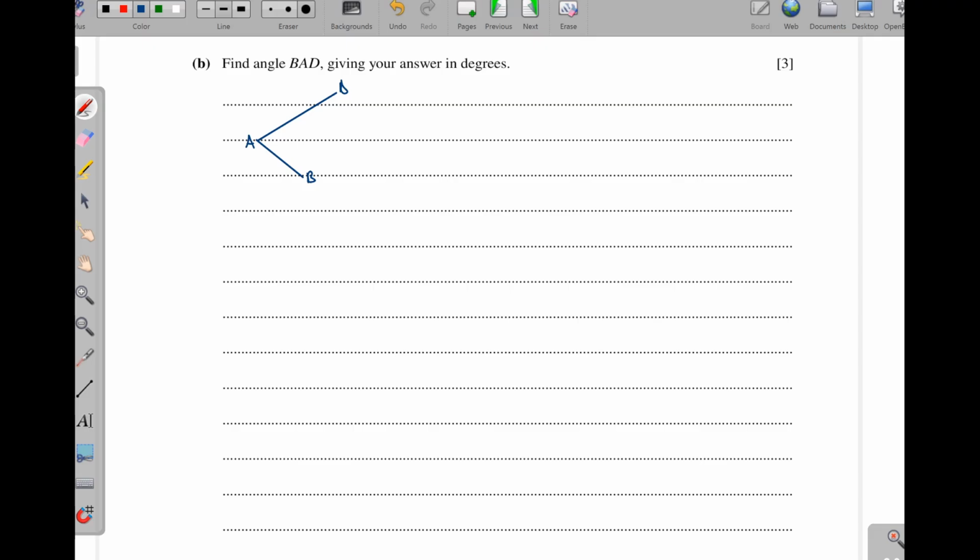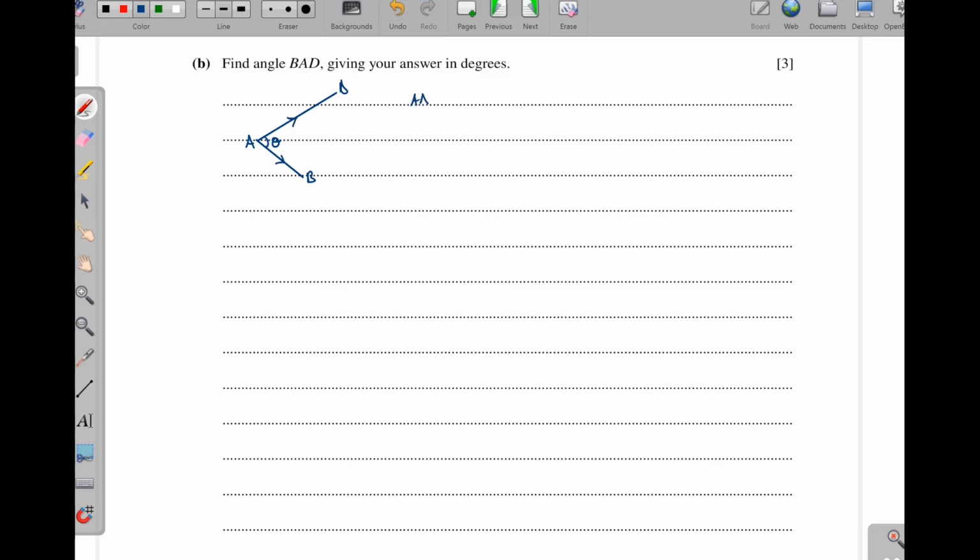When we are finding the angles between the 2 vectors, we either close in or we open. What do I mean? Closing in, you say BA, then DA. Or you open, you move away from the angle. So that is AD and then AB.